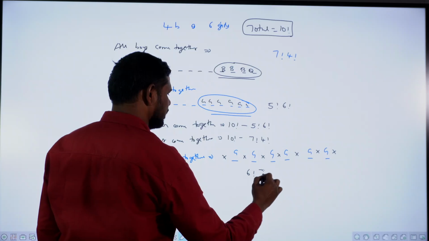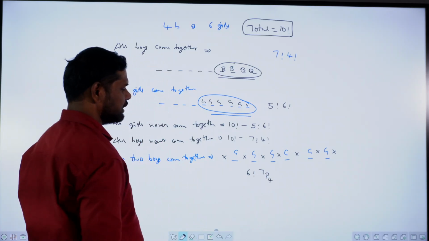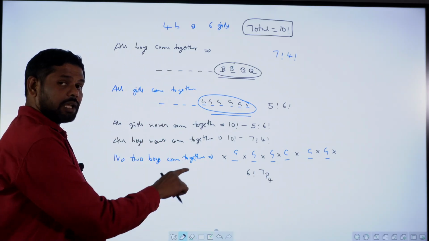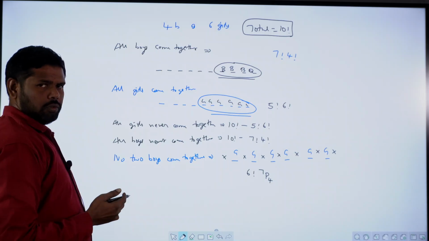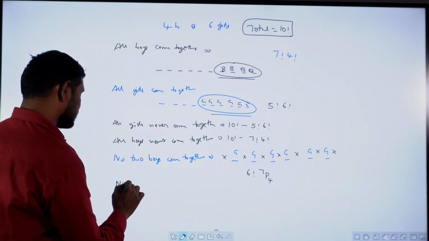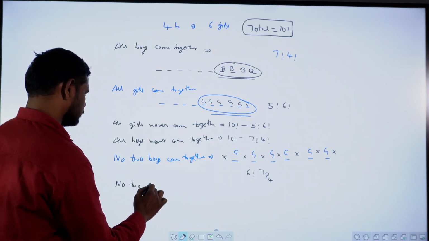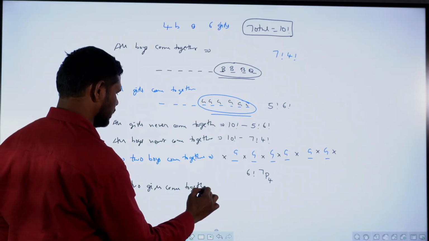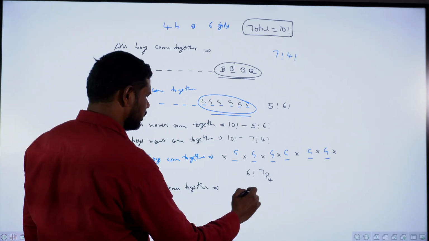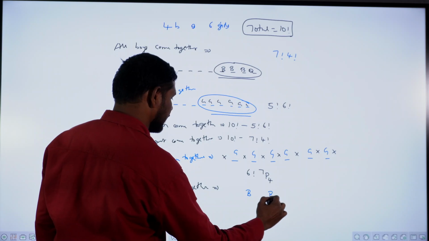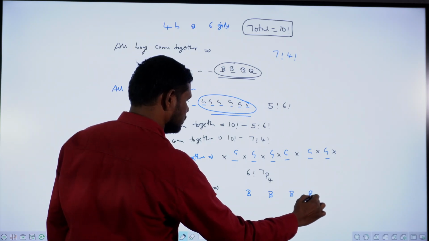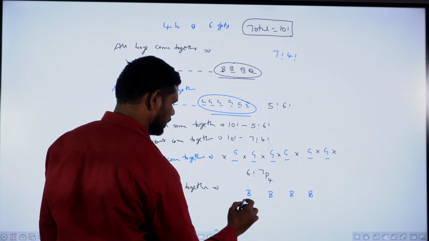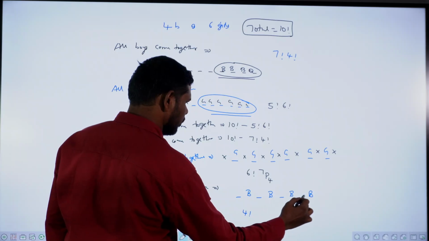In these 7, you need to place 4 boys. 7P4. That's it. This is okay. Next, no 2 girls come together. Suppose no 2 girls come together. Just observe here. You first arrange 4 boys in 4 factorial ways, but 1, 2, 3, 4, 5.